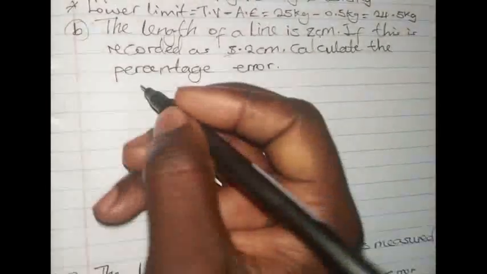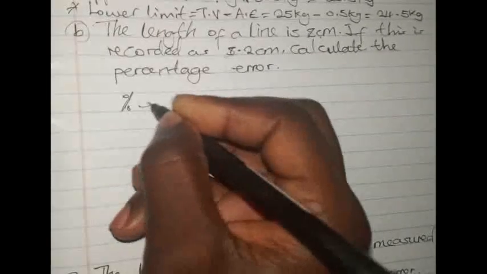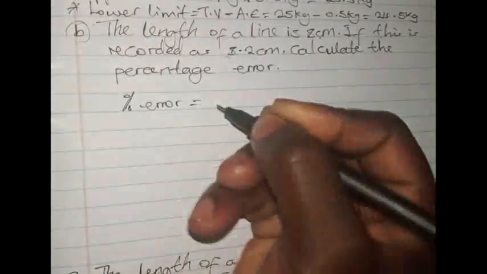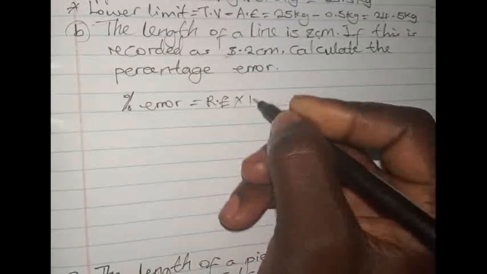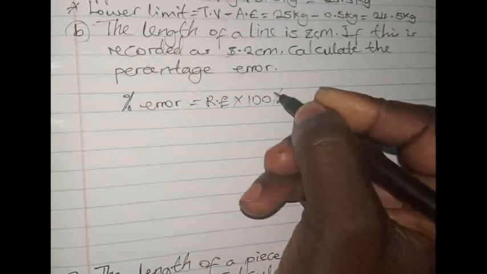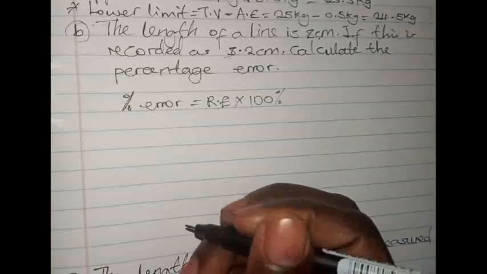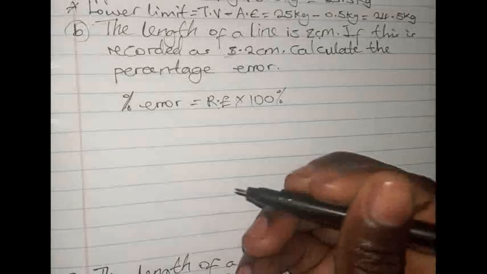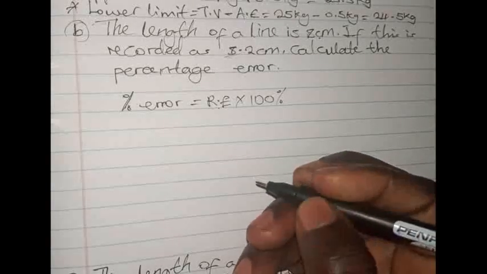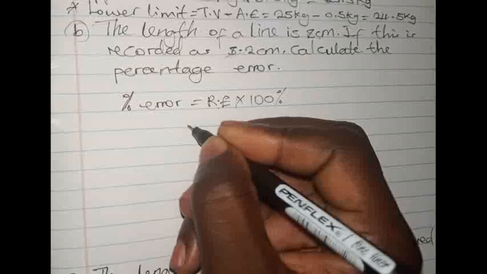Now we know percentage error is given by the formula relative error multiplied by 100%. Now do we have our relative error? No. So if we want, we can calculate it separately, just from here.